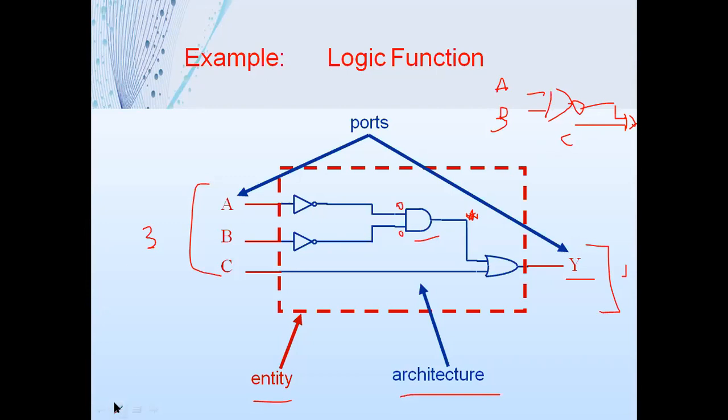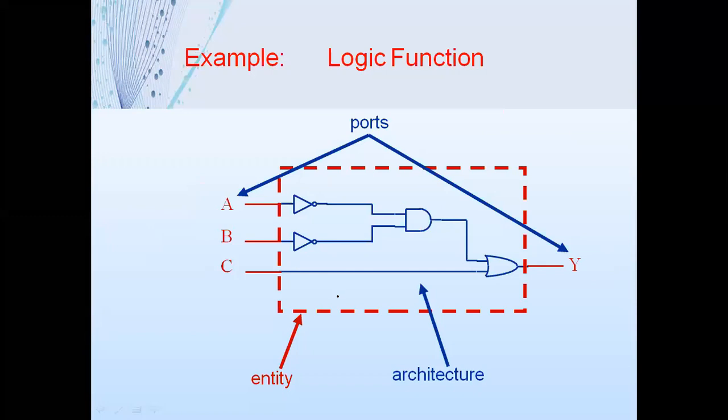So now if you want to write the entity and architecture for this example, how can we write the entity? We haven't discussed the architecture yet. So now let's see the entity here. For this example, how to write the entity?